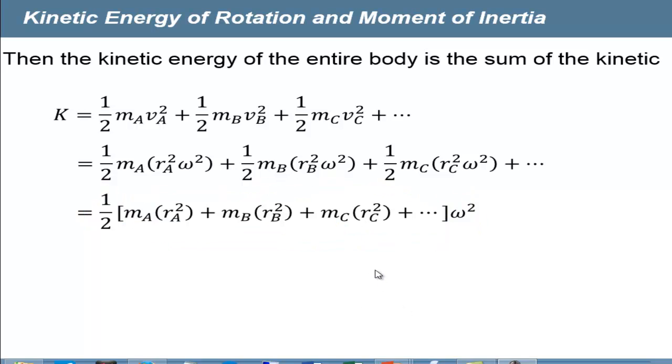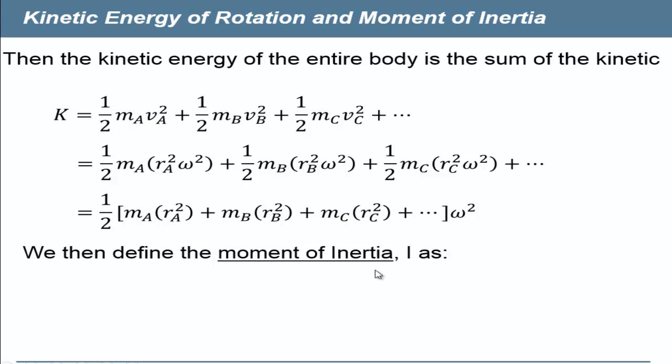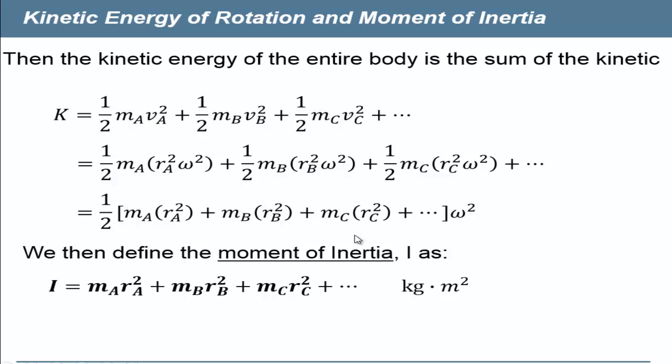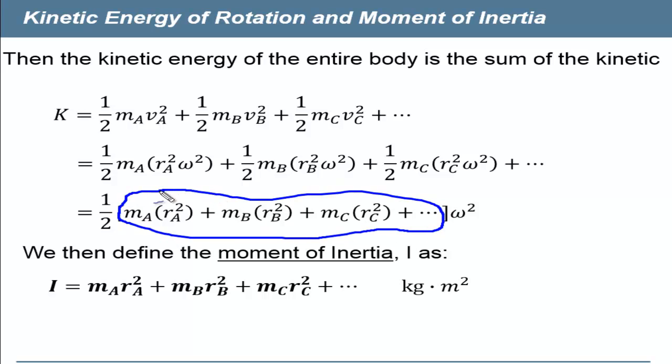Then we can take this and we'll define the moment of inertia as the sum of all this. All this stuff in the brackets here we'll define as the moment of inertia. So we took all this right here, defined this as the moment of inertia I, which is simply the mass of a point times the distance from the axis of rotation squared, and it's the sum of all of these for any point.